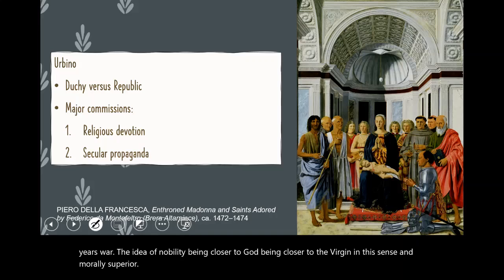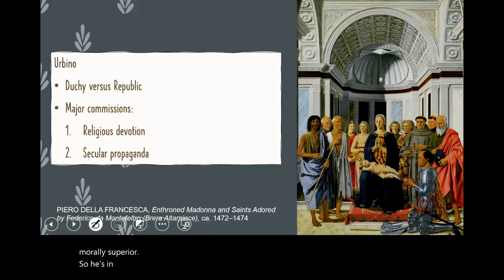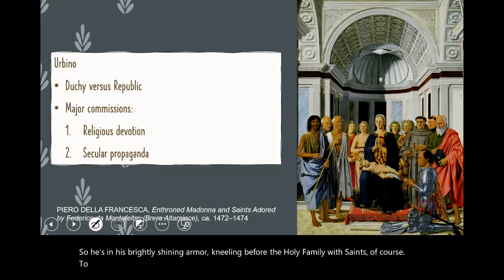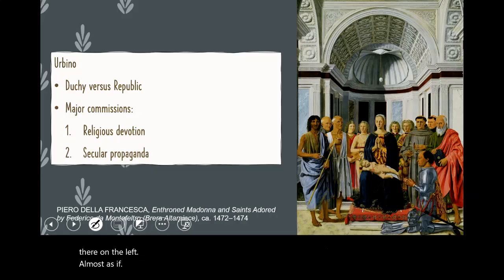So he's in his brightly shining armor, kneeling before the Holy Family with saints, of course, to accompany him with his patron saint, but also others that we can recognize, like St. John there on the left, almost as if the Virgin Mary holds court at Urbino instead of the Duke himself.